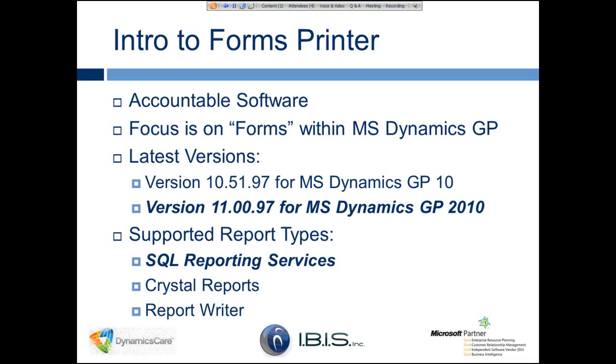And as you see, I have the version 11.97 highlighted and the SQL reporting services highlighted. So from this point forward, what we will be dealing with is SQL reporting services within GP 2010. But the capabilities to use Crystal reports and report writer are also there, and it can also function in GP 10.